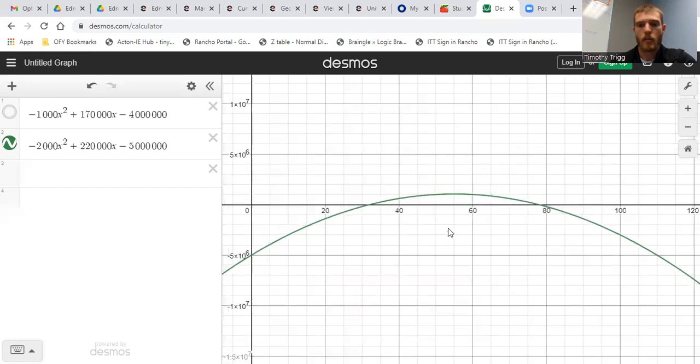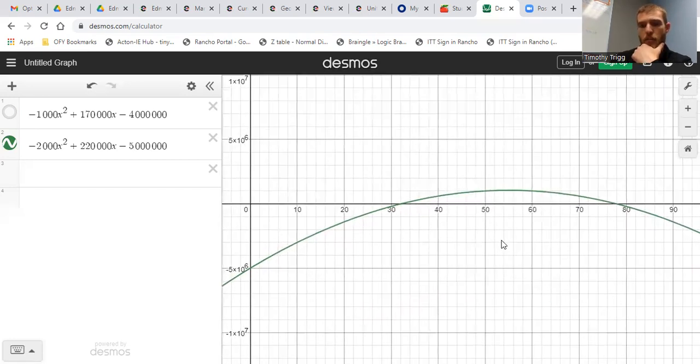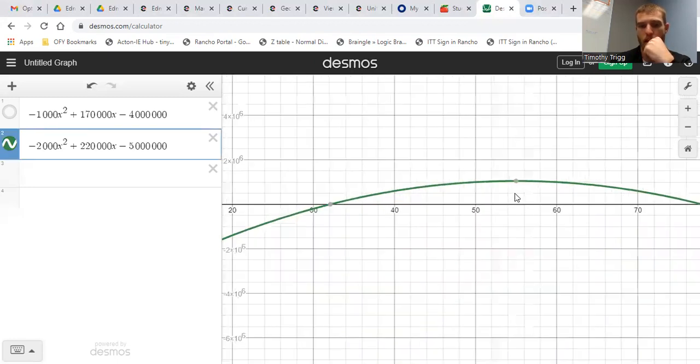So this is the first profit equation, from material 1. That gives us this graph here. Now, what can we learn from this graph? Well, the first thing I want to look at is the vertex.